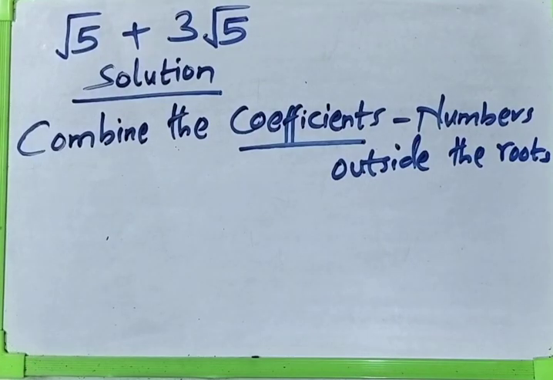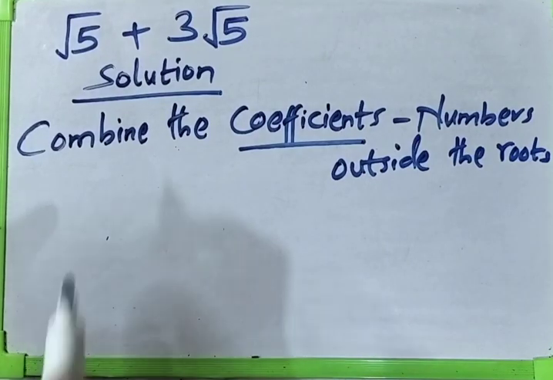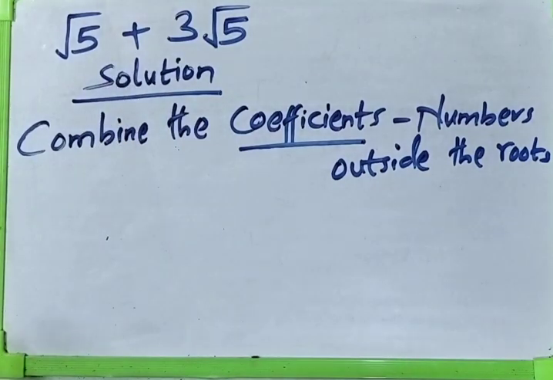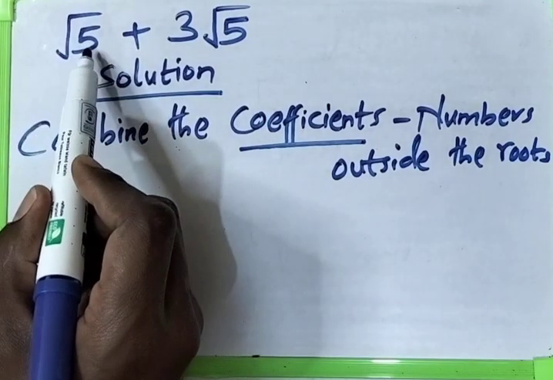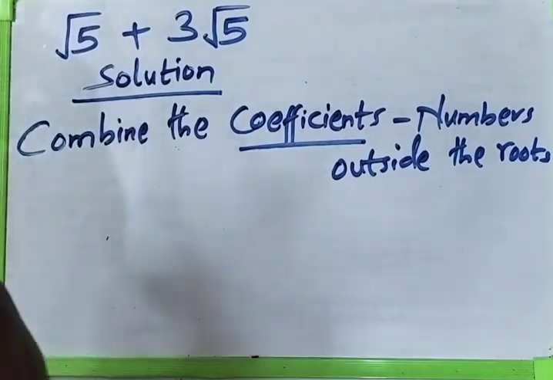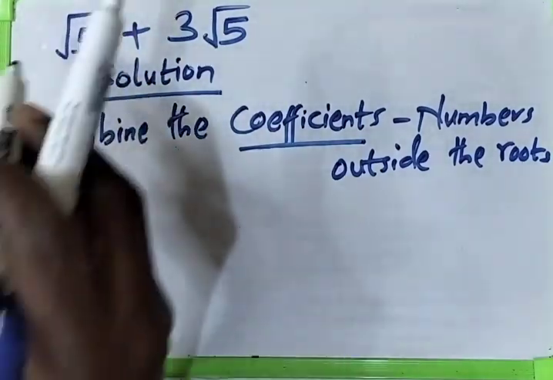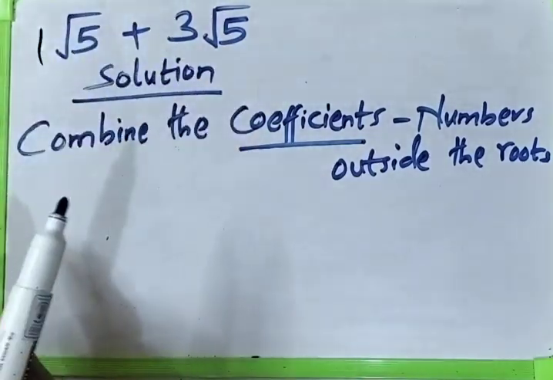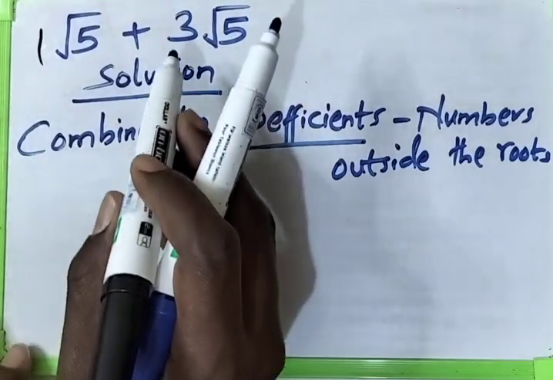For addition, we add them. Root 5 is assumed to have 1 outside the root, because it is like 1 times root 5. The second has 3 outside the root.